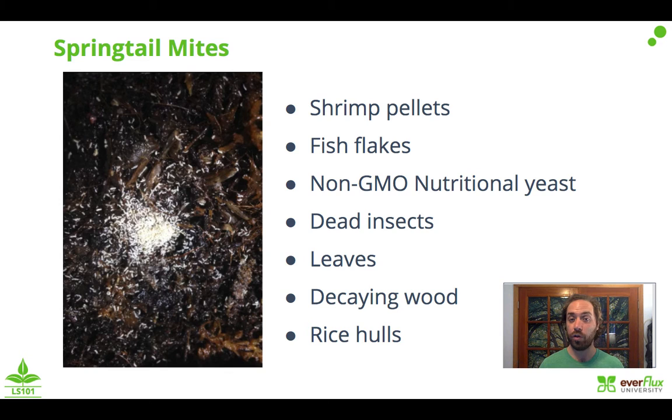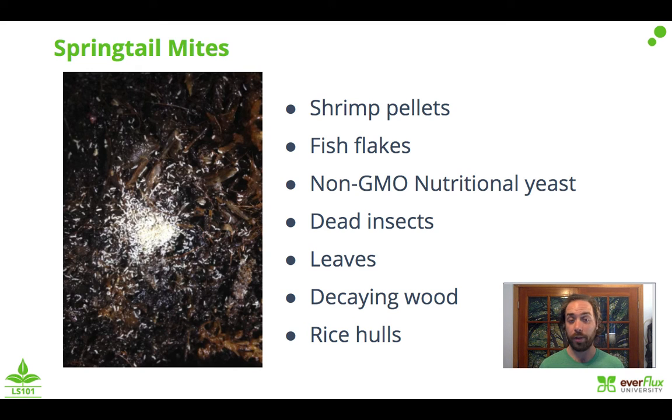Again, they're decomposers. They're not predators, and they're not going to eat your live plants either. Some people get very nervous when they see these things taking off in their soil, and they see huge populations, and they might think, oh my god, these things are going to start attacking my plants. But they only eat dead things. So they eat dead insects, they eat dead plant material, they will eat leaves. Leaves are a great thing for them.